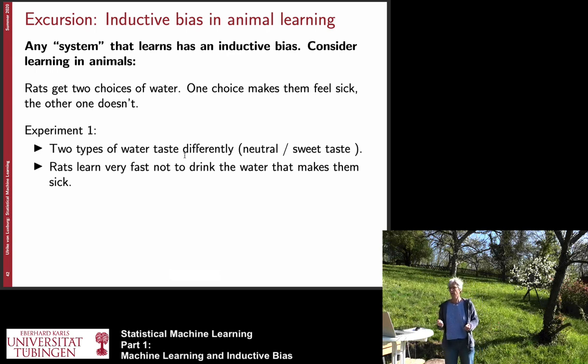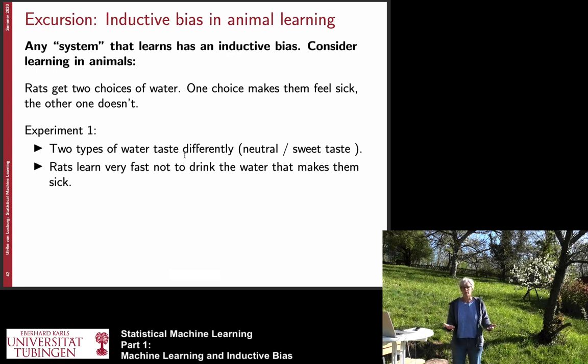But now there is a feature. In the first experiment, the two types of water taste differently. So you have one type of water that tastes neutral, and the other one has been sweetened by sugar. So it tastes sweet. And now the rat drinks, and if it drinks from one type of water it gets sick, and if it drinks from the other type of water it doesn't get sick.